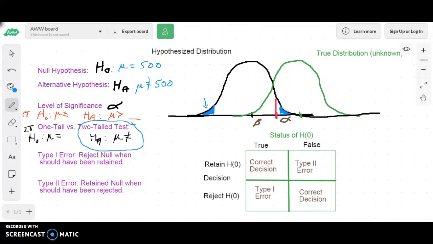But I actually think it's more likely that this sample is from a population that has a score that's significantly different.